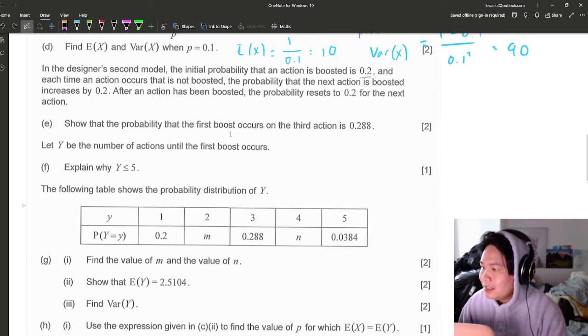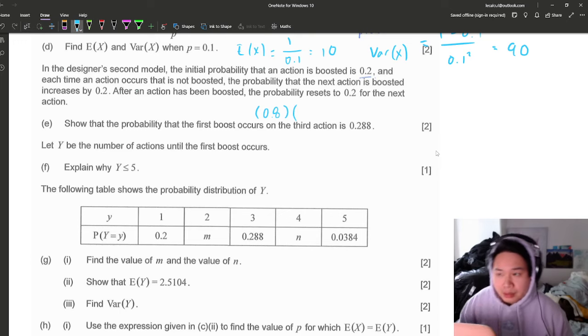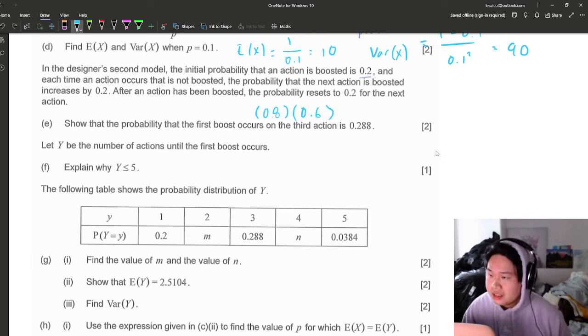Show that the probability that the first boost occurs on the third action is this. Okay, so we have the first action, which has an 80% chance of not being boosted. Then for the second event, the probability goes up to 0.4 for being boosted, so that means a 0.6 probability of still being unboosted.